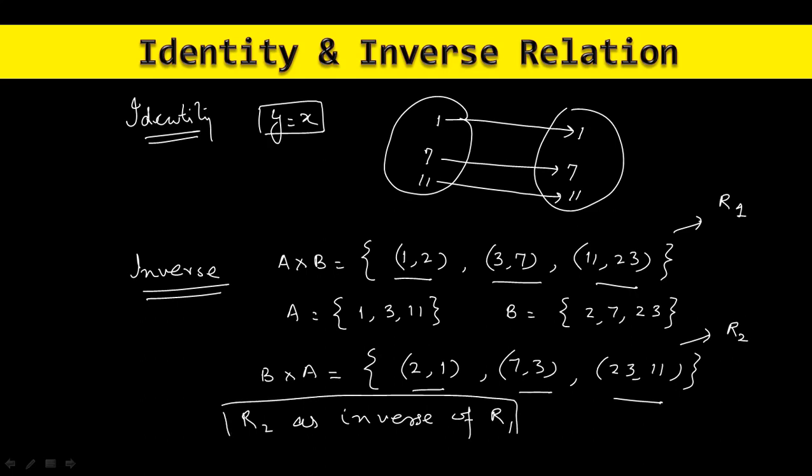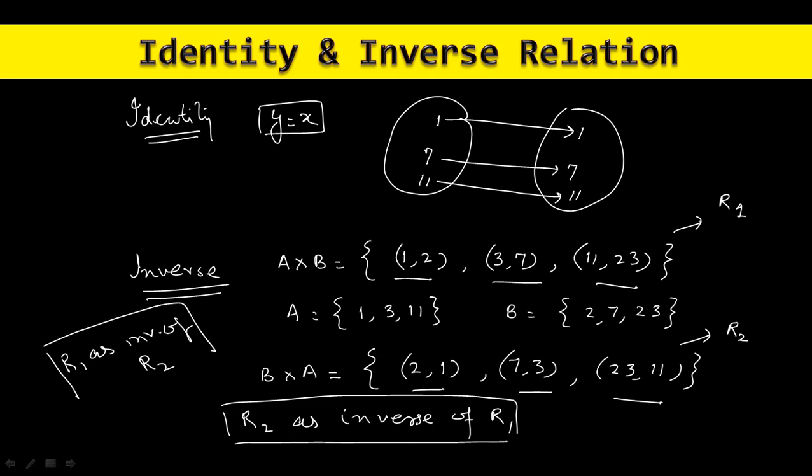I can write R1 as the inverse of R2 also. These are the contents. You can write the equations also related to this one. You can design the diagram also. Okay.